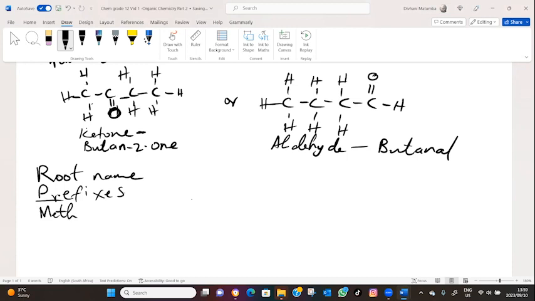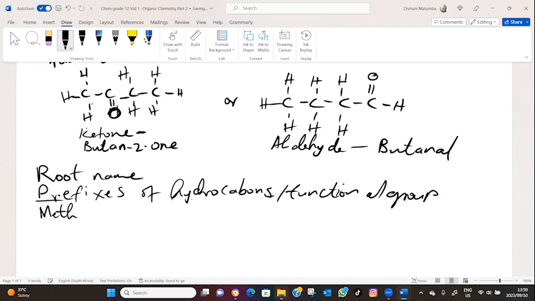Now with hydrocarbons, the first one is meth. Second one is eth. Prop. Number 3.